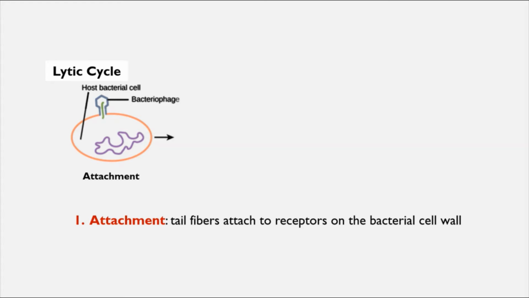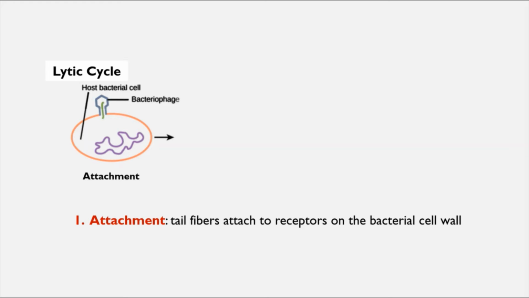So let's start by looking at the lytic cycle, the cycle performed by virulent phages. In the first step of attachment, those tail fibers that we saw on the previous slide will attach to receptors on the cell wall of the bacterial cell host that has been targeted by the virus.